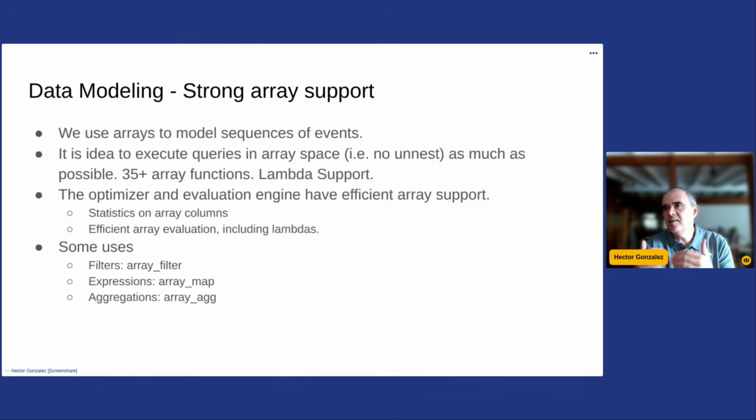We want to stay in the array space as long as we can. For example, if you have a filter, you use array filter. If you have some expression on the array, you have array map. If you want to do an aggregation on the array, you have array agg. And try to map the queries to these array operations, which are much more efficient than having to unnest and then maybe renest the data.